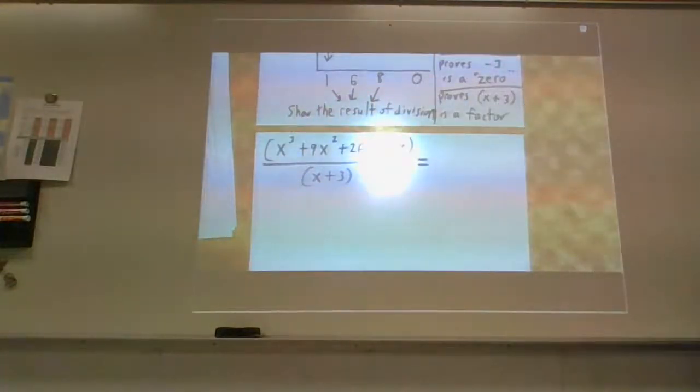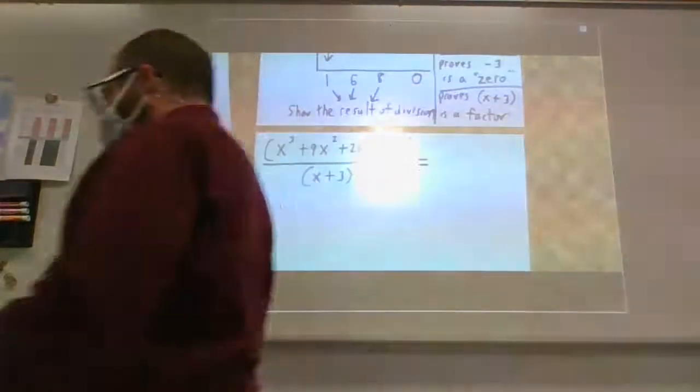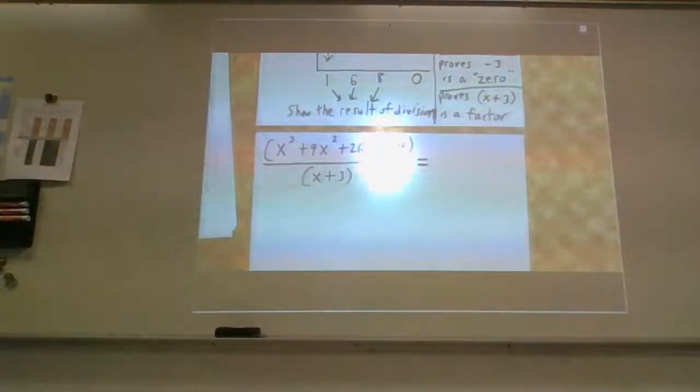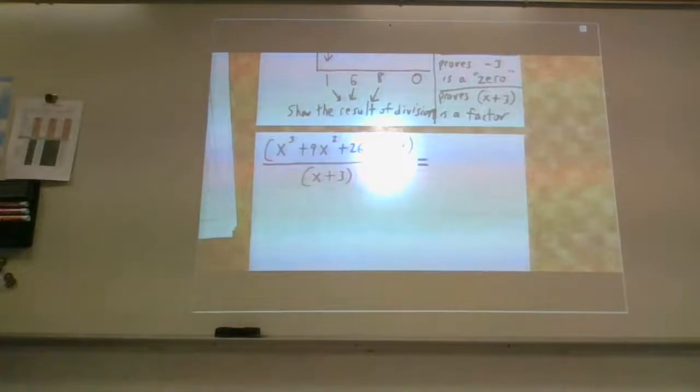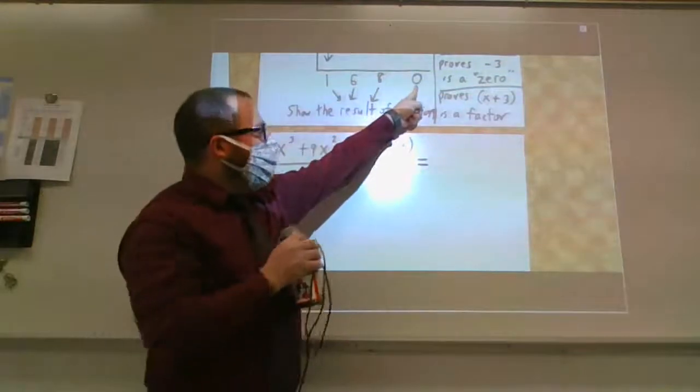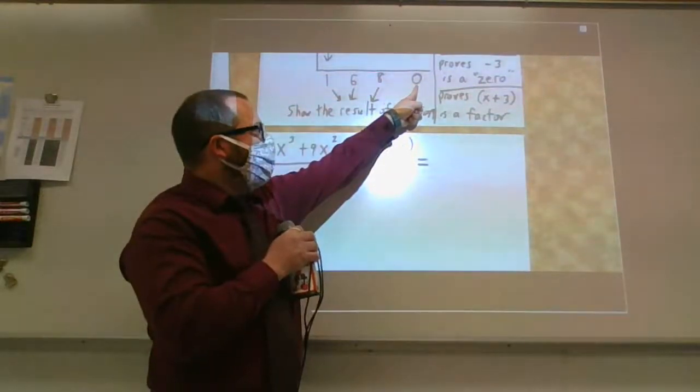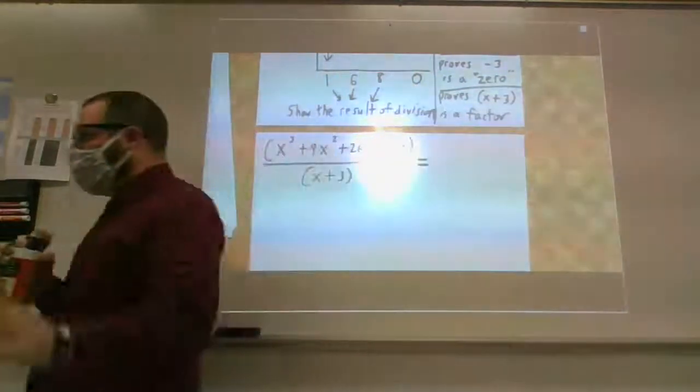We have proven that it is a factor of the problem. We showed that with the synthetic bar getting a 0 in the last spot. So if it's a factor, then this must divide evenly, with no remainder. And in fact, if you remember, this number represented my remainder. I have a 0 remainder, which is good.